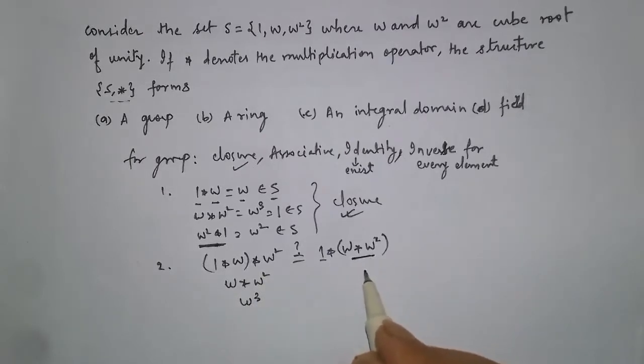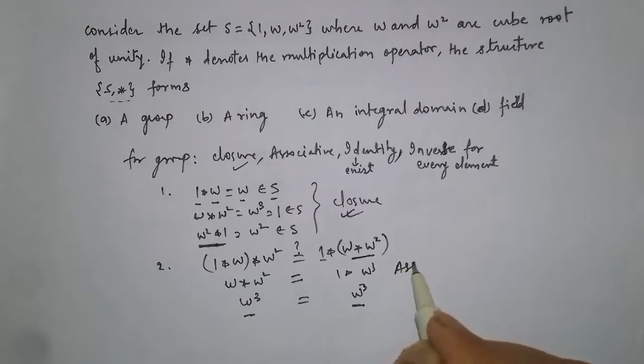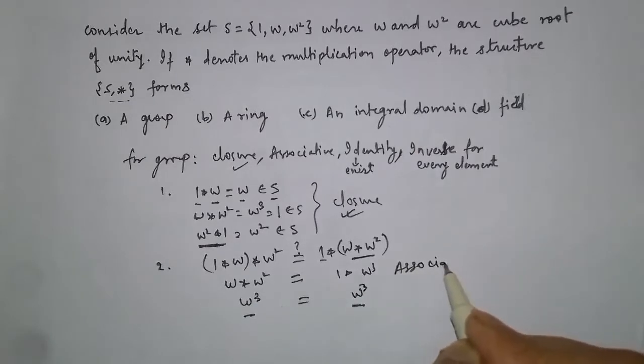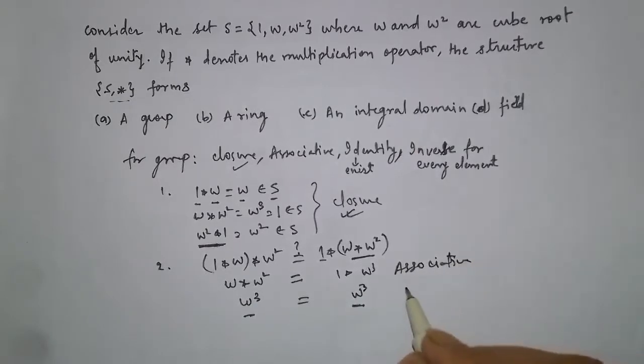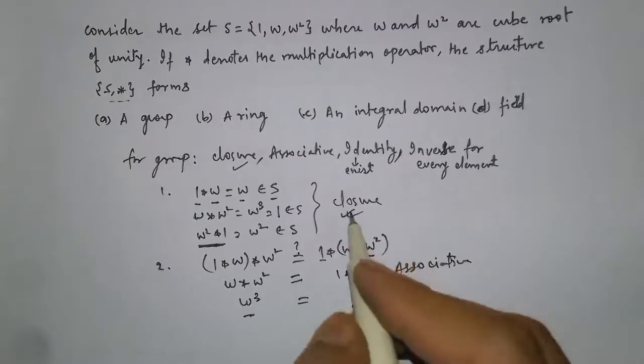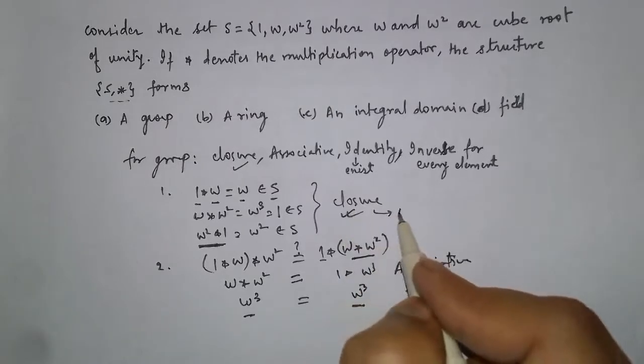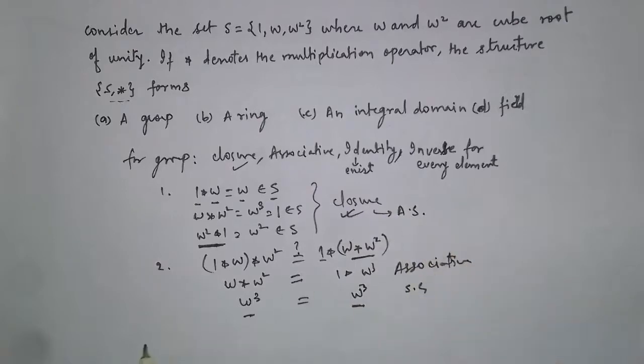Now omega into omega square is omega cube, into 1 is equal to omega cube. So LHS and RHS are equal, so the associative property is satisfied. Associative is satisfied means it is a semigroup. Closure is satisfied means it is an algebraic structure.